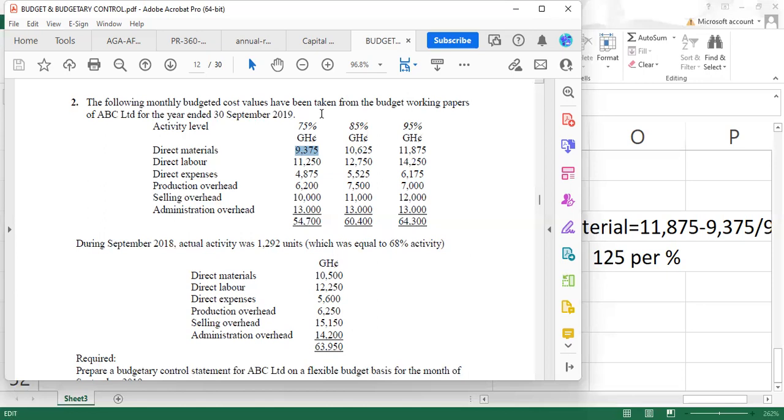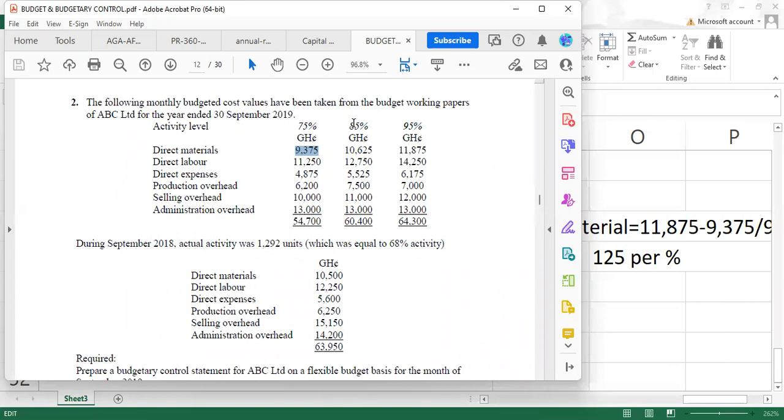Is it the same as the figure there? 1% is 125, so 75% means 75 times 125, and you get the answer 9,375. Okay, the same as the figure given.